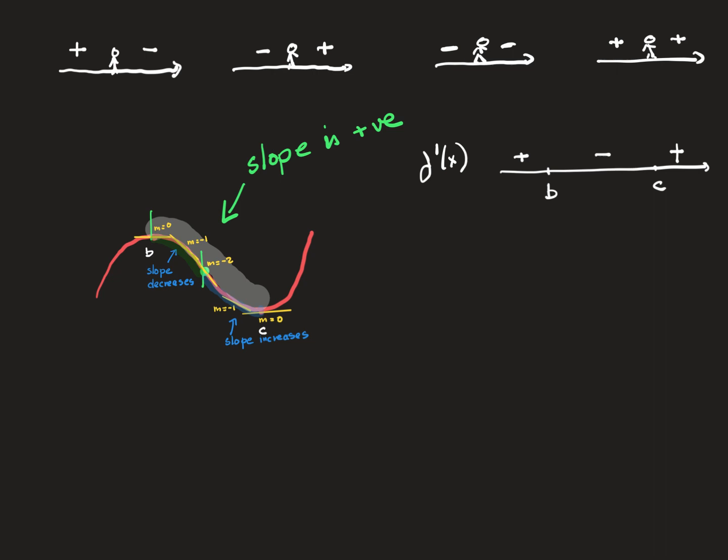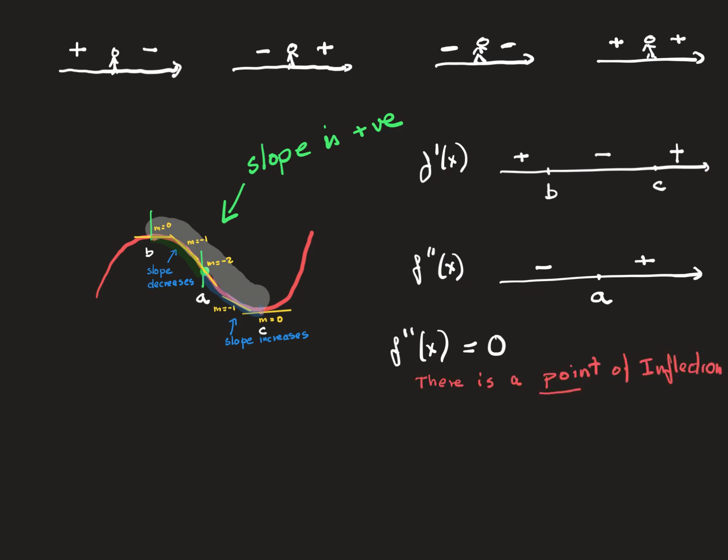Now, if I was to draw the derivative of the derivative, then my sign diagram at this point would be negative, positive. So we need to look at the double dash derivative. If the double dash derivative is equal to 0, there is a point of inflection that is non-stationary.